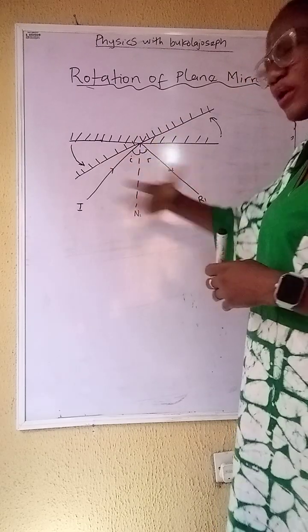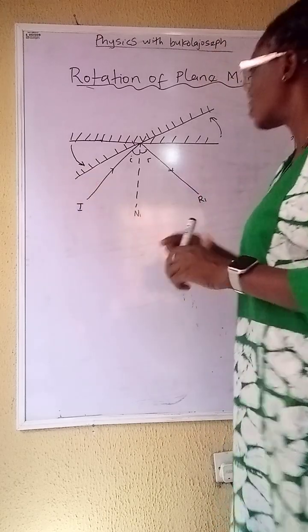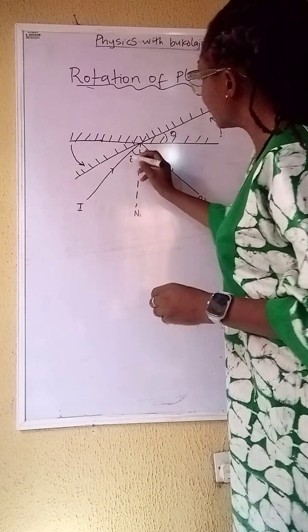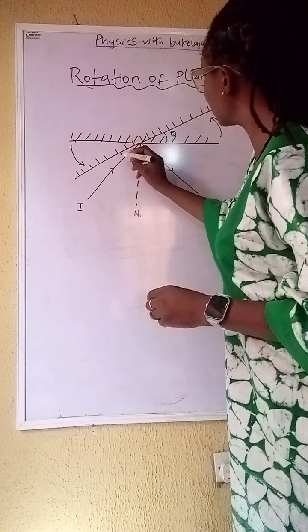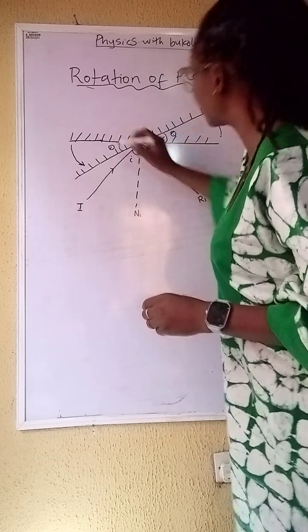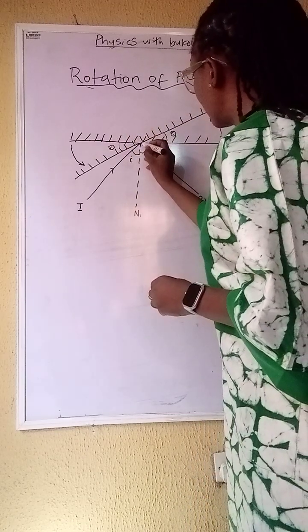Now we look at what if the mirror is rotated through an angle. Let's say the angle is theta.